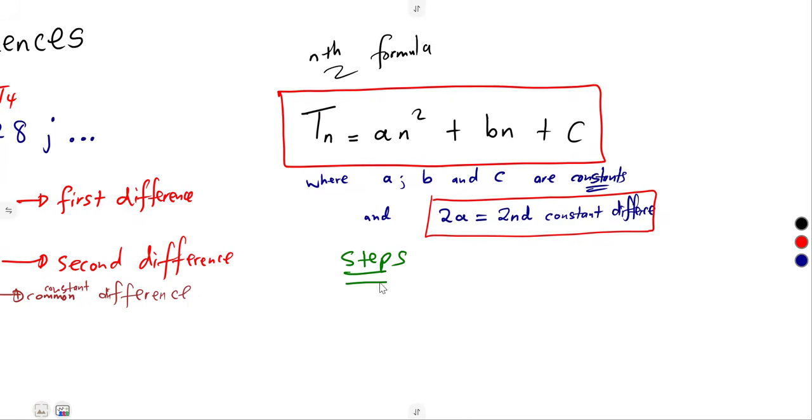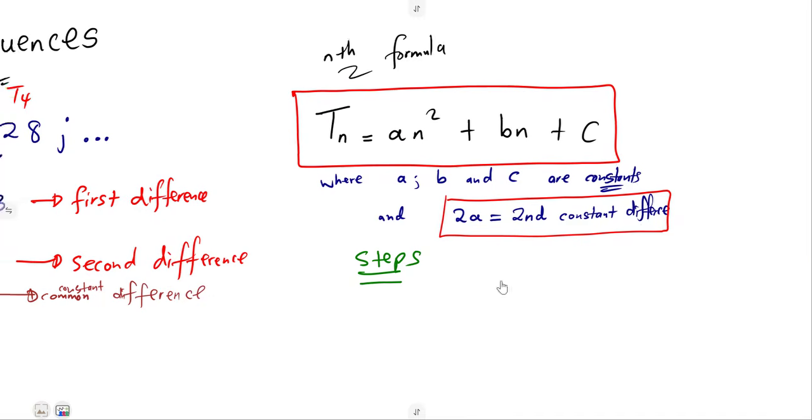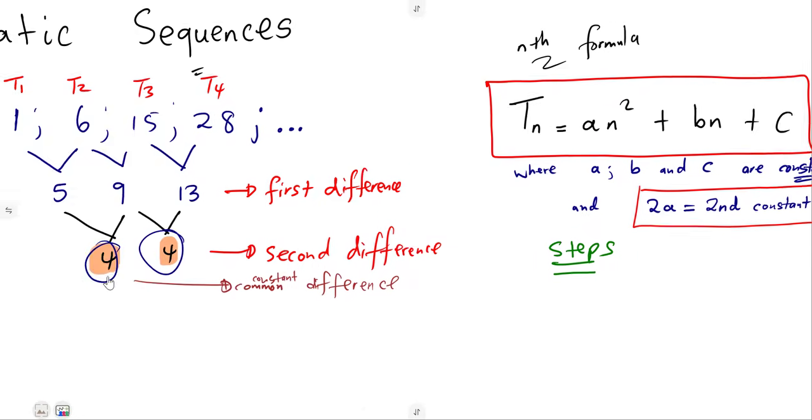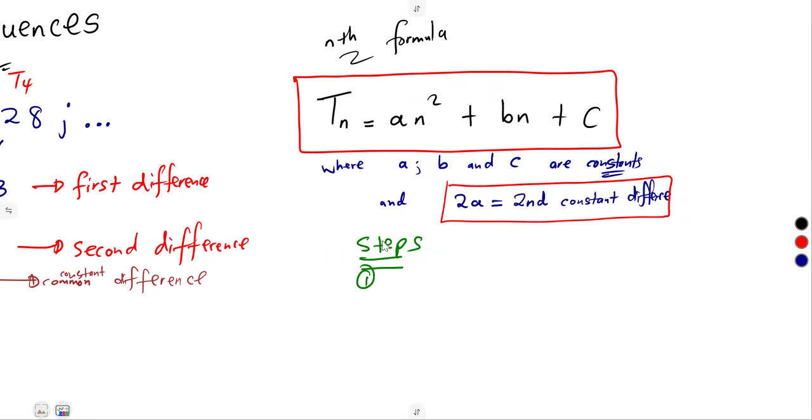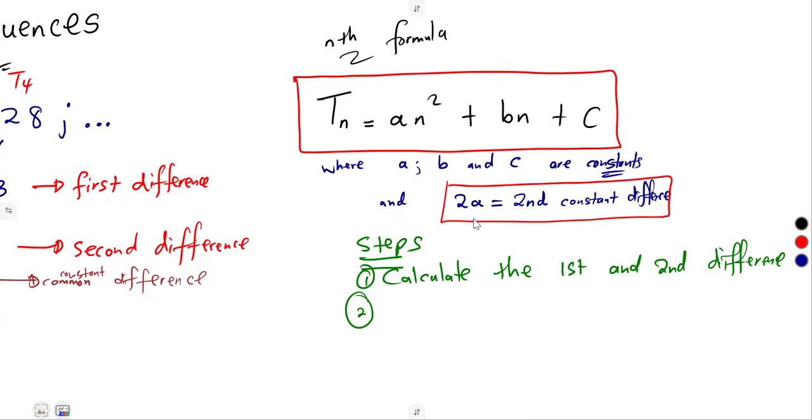So the steps that we can take, definitely we must find the first difference and the second difference. Just like here, you find the first and second difference. All right, so you must do that. Then we are going to calculate the value of A, since 2A is equal to the second constant difference.